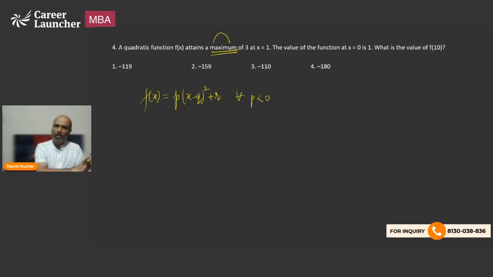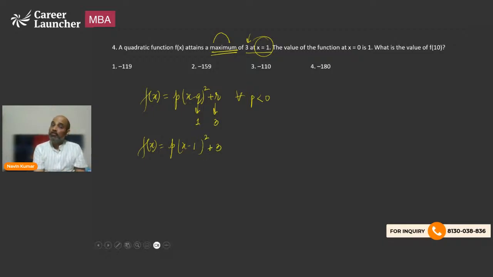P will automatically turn out to be negative. Now it says the maxima is 3. That means r is going to be 3. At x is equal to 1, that would mean q is going to be 1. So we can say that the quadratic function is going to look like something like this.